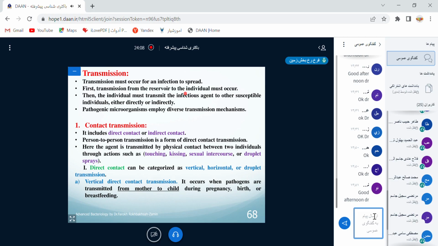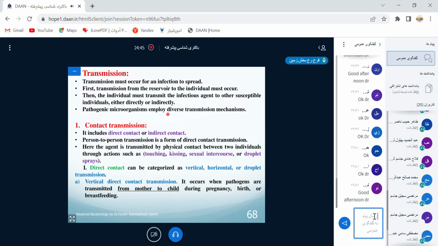Some reservoirs are animals, and some are insects and arthropods. So if any infection has a reservoir, transmission from the reservoir to the individual must occur first. Then the individual must transmit the infectious agent to other susceptible individuals, either directly or indirectly.